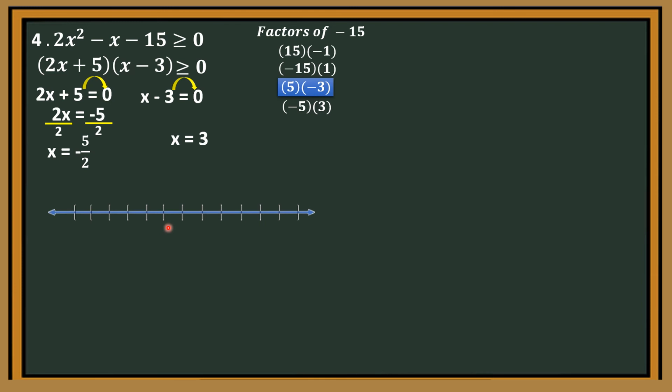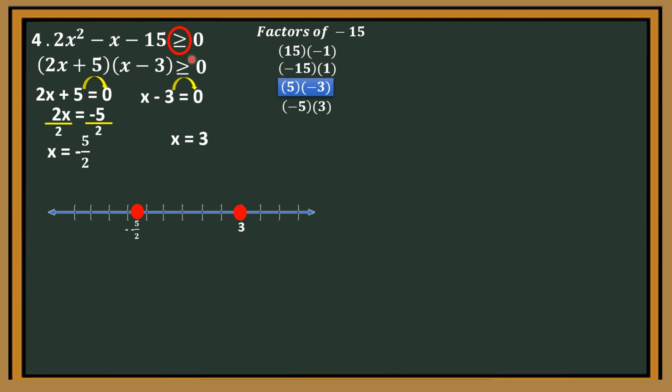Graph natin, number line. So, ang ginamit nating inequality symbol dito ay greater than or equal to. Therefore, ang gagamitin nating dot is solid. So, this is negative 5 over 2 and positive 3. After nyan, saan matatagpuan ang solutions?